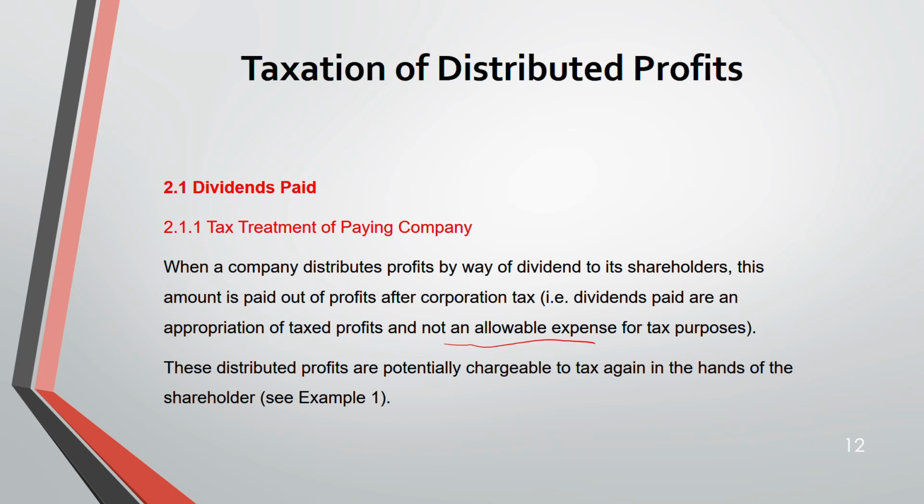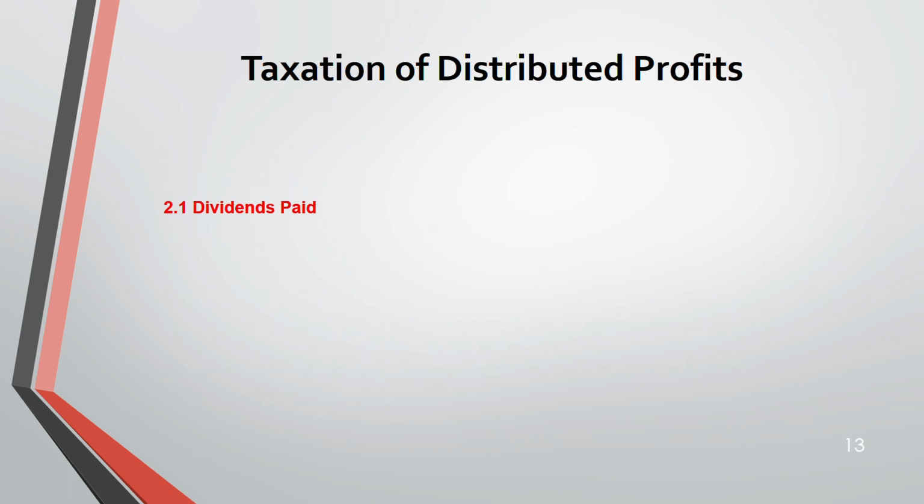So these distributed profits are chargeable to tax again in the hands of the shareholder. When the shareholder receives this, they will receive it as a dividend, taxed as dividend income using the dividend tax rates that we covered in lecture 1. See example 1 for this. Now, the tax treatment for shareholders who are personal taxpayers and for shareholders who are corporate taxpayers is different.